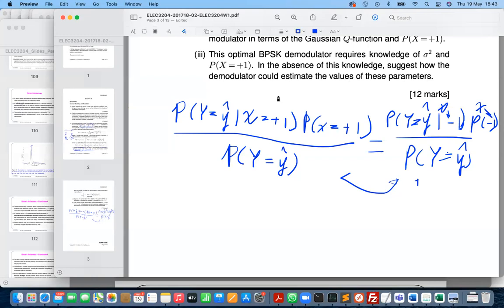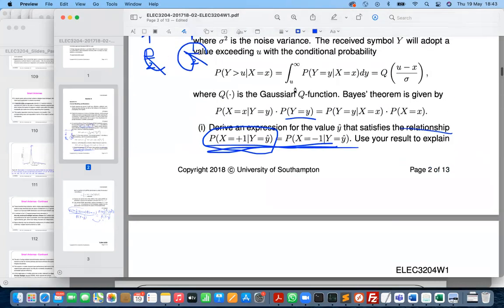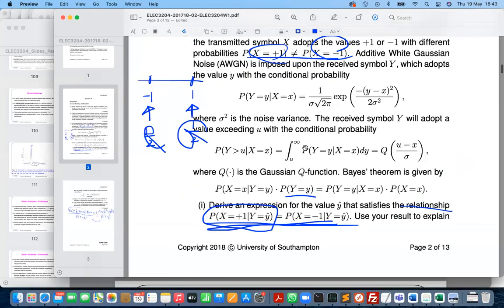So this probability is given to you by this equation.